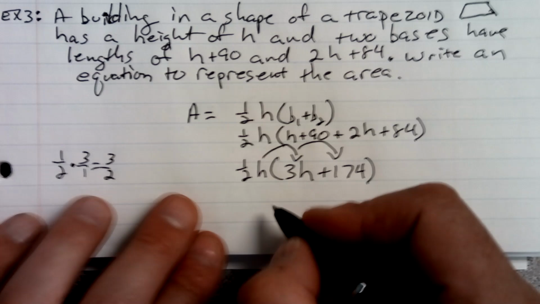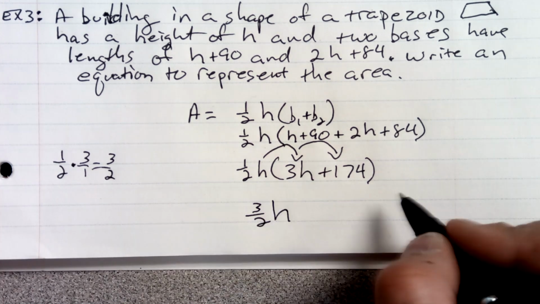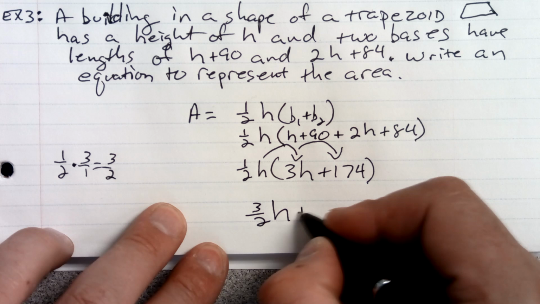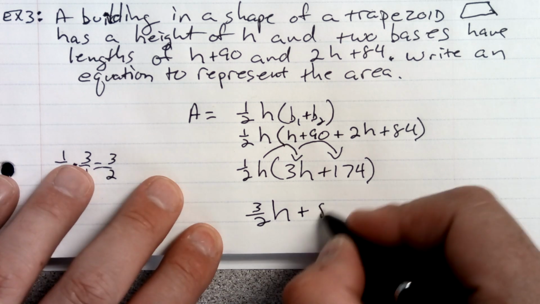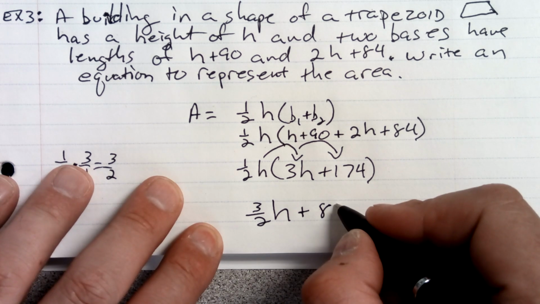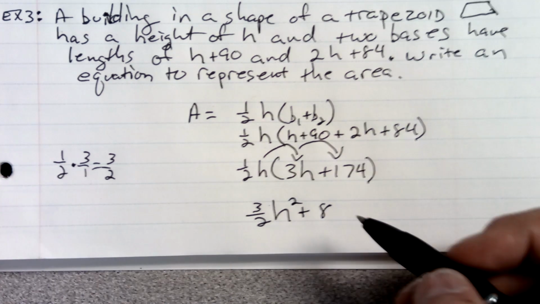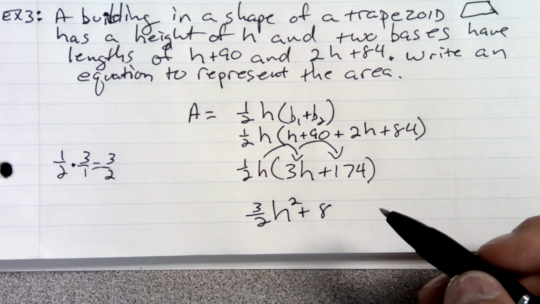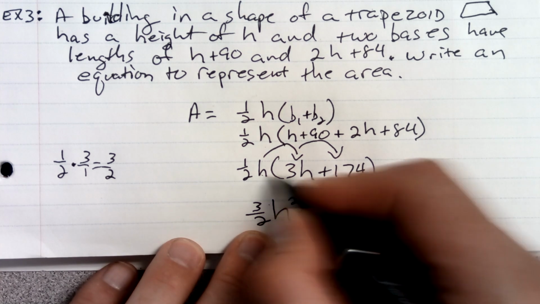So 3/2 h. What's half of 174? H times h is h squared. Thank you, Stormy. Is 87, and then h, that's your final answer.